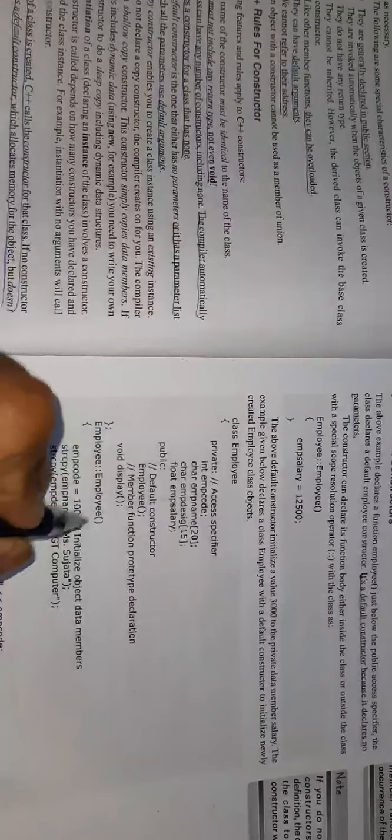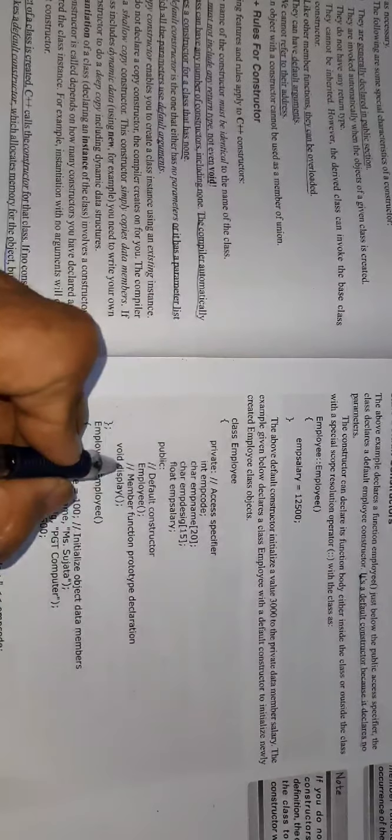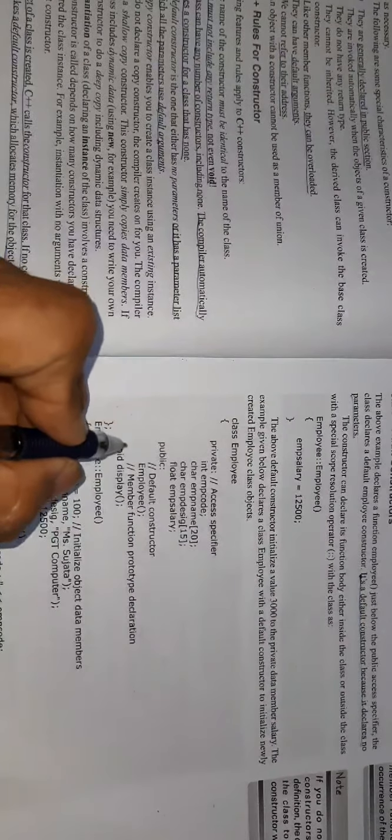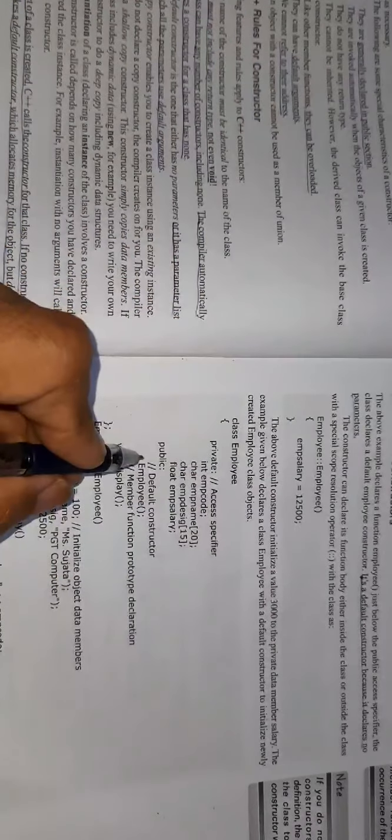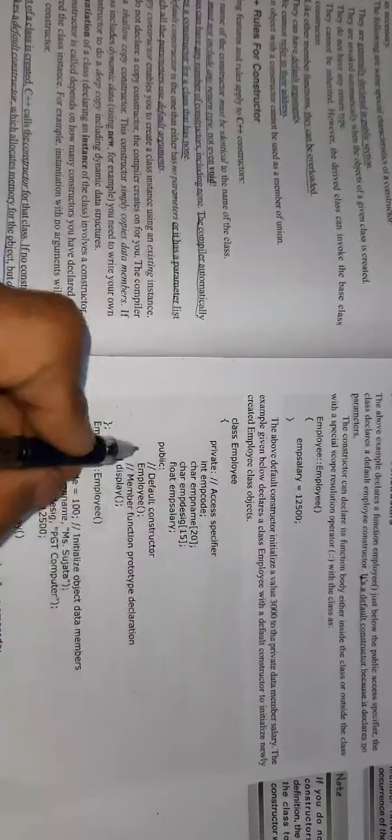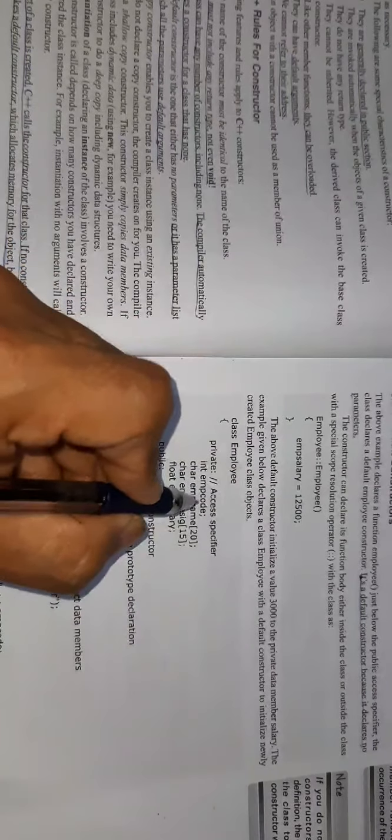Suppose the another member function is written here, void input data, so emb.input_data, as we have seen in the previous programs. So using the member functions, you explicitly call the member functions to access the function body. That way you could assign the values to the private data members using the object.